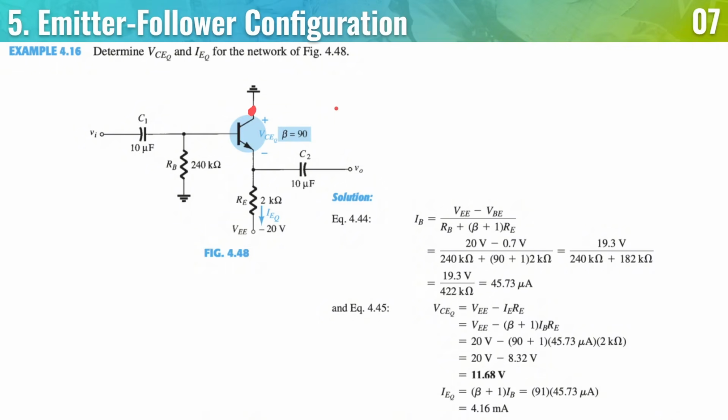That's why we're just having VE. Anyway, that's how you get 11.68 volts. If you want to get the current across the emitter, you can just use the current across the base times beta plus 1. Again, the plus 1 is important because that is what we established earlier from the other KVL formulas.